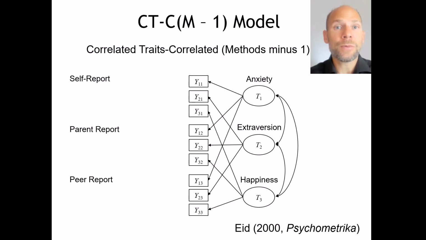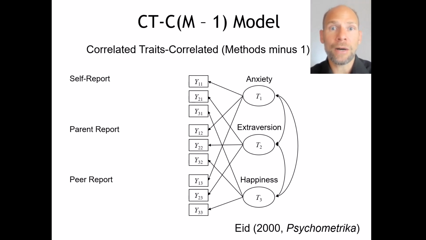However, since we have a design with multiple raters, we typically do not only have effects of common traits, and in fact, the effect of common trait variance may be rather small in many situations when you have a multi-rater design, but we may also have method effects or rater effects, and those can actually often be quite strong.